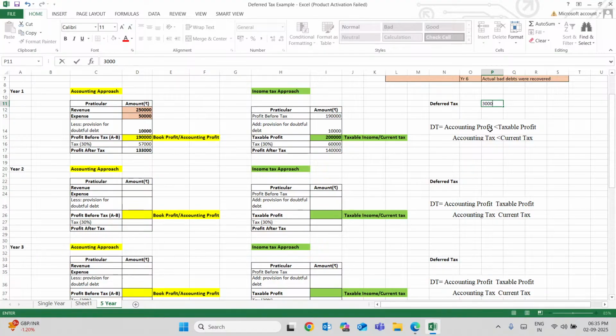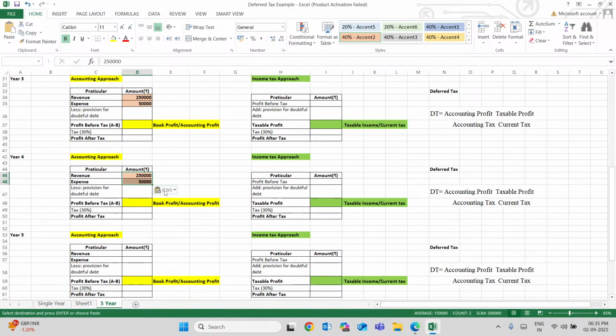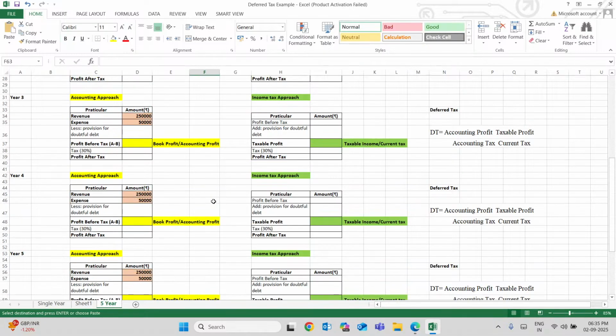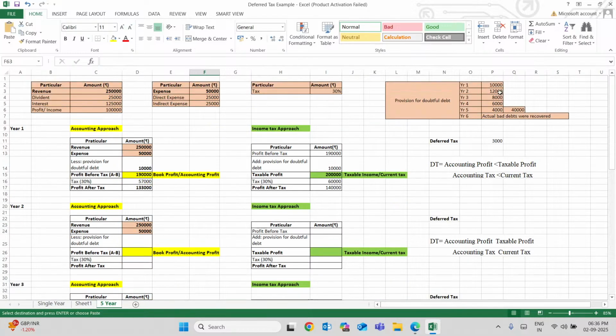Now in the next one we are going to put the same values. Let me first put the same values in all of them, so we can get it in an easy way, right? So under here then we have 12,000.